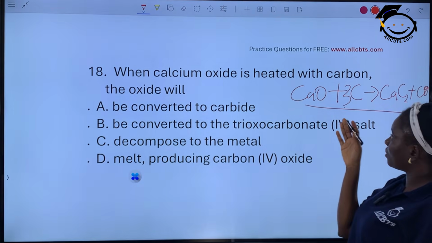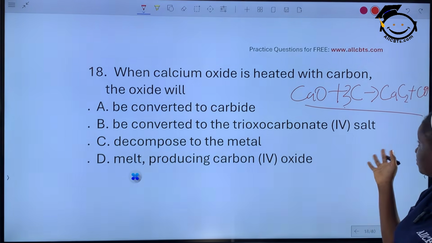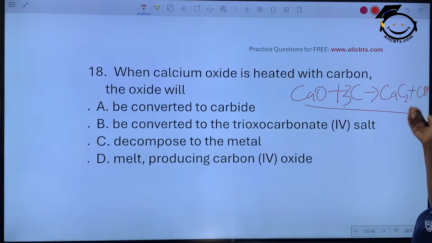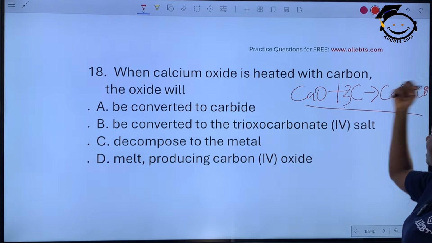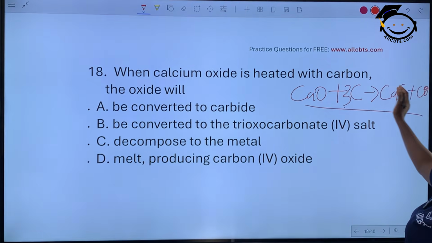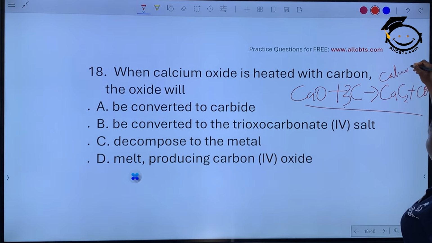So when calcium oxide is heated with carbon, what do we have? Calcium oxide reacting with carbon gives calcium carbide plus CO. So looking at this, this is calcium carbide. This is a carbide that is formed.